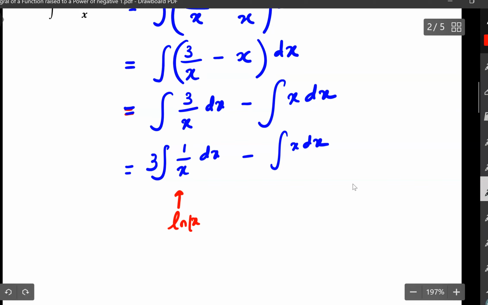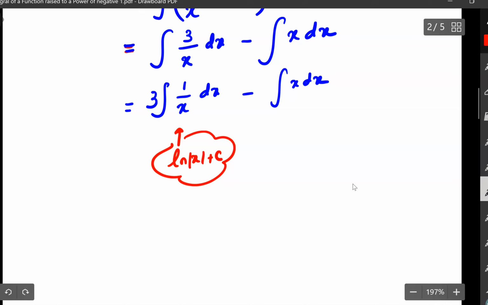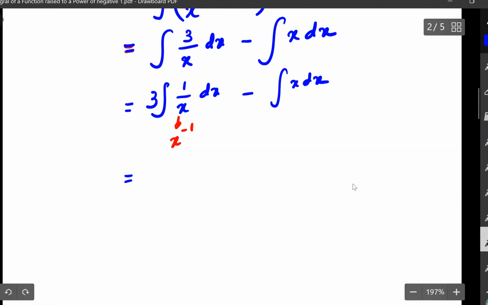Let me make a note for everyone: I should write this as x to the exponent minus 1 just to remind everyone. So that's equivalent to that. Therefore I can write it as 3 times the natural logarithm of the absolute value of x, and here this is exponent 1.